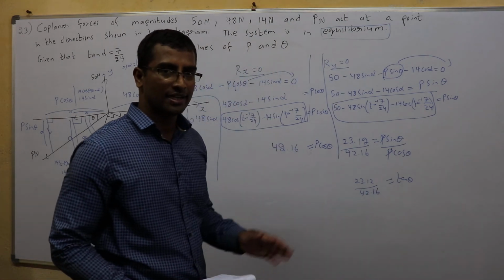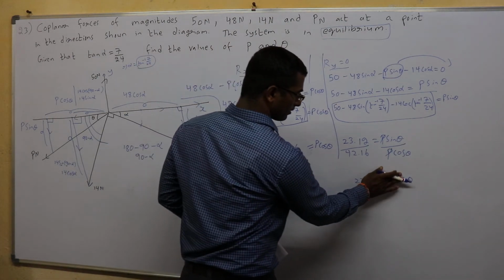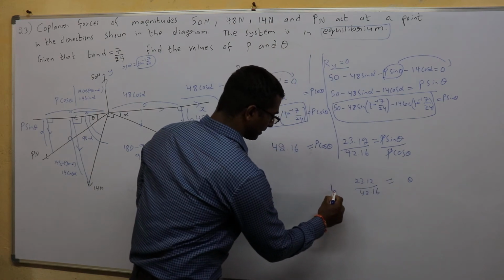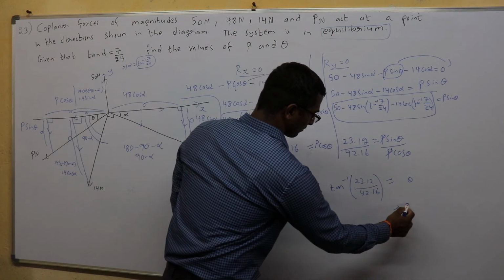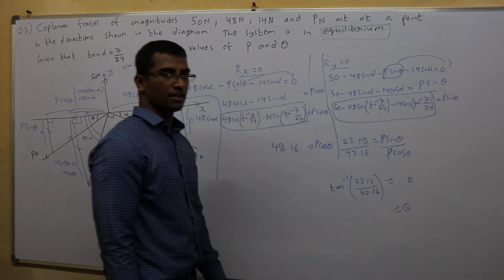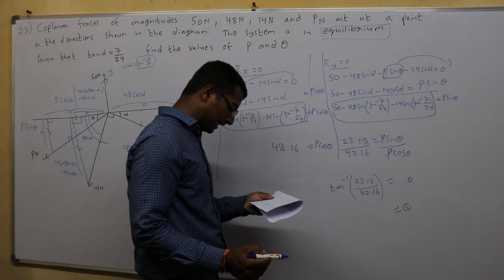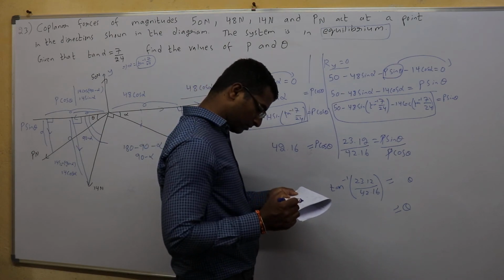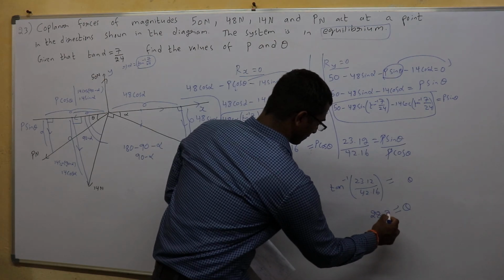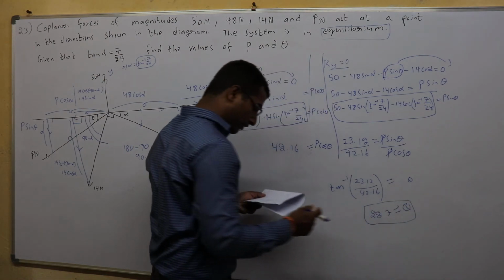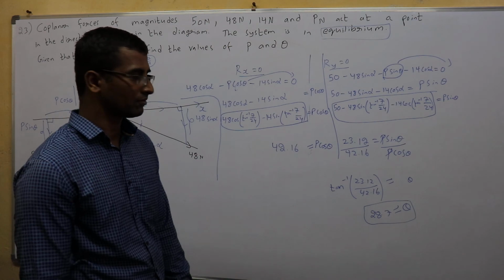You want theta, send tan to the other side. Tan shifts, it becomes tan inverse. Put in the calculator. Theta value you get 28.7. We found the value of theta.